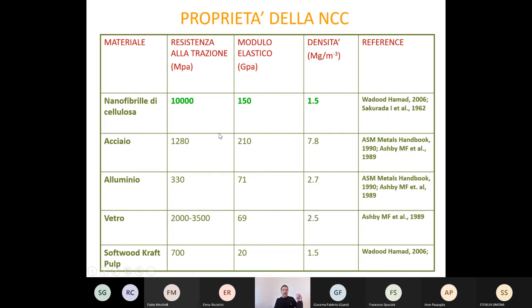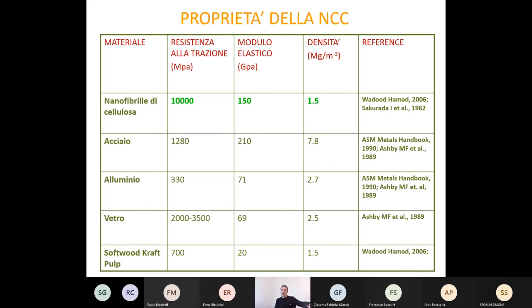Of course, the limits are the extraction pathway, which is very difficult and expensive, and the possibility of extracting this material in large quantities, as you need for some applications.